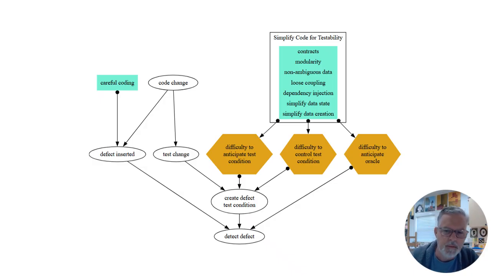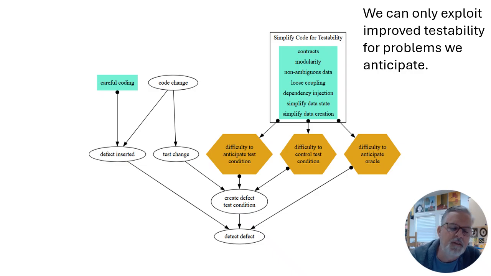It has a limitation. It's the same limitation that we have with careful coding. We can only exploit improved testability for problems we anticipate, right? We can only say, oh, if I need to be able to control the following value coming back from the dependent service, therefore I need to create the connection to it in a way where dependency injection is easy and I can write a mock to write tests for the following conditions.